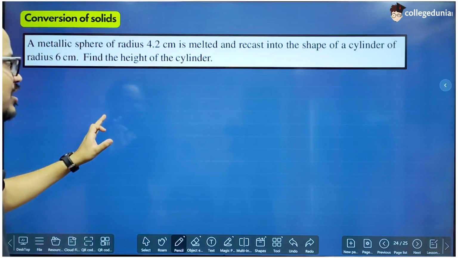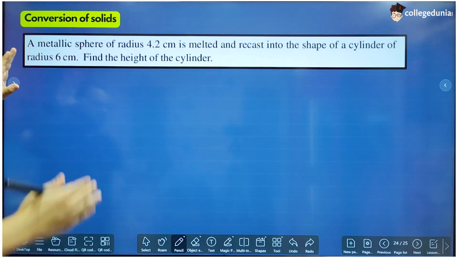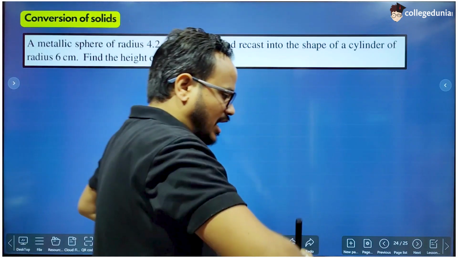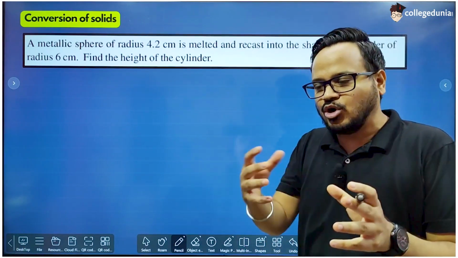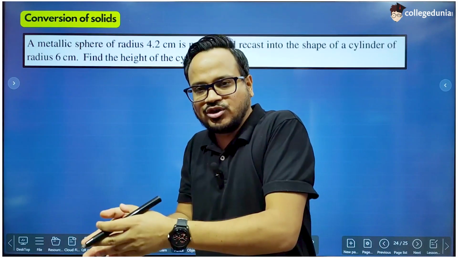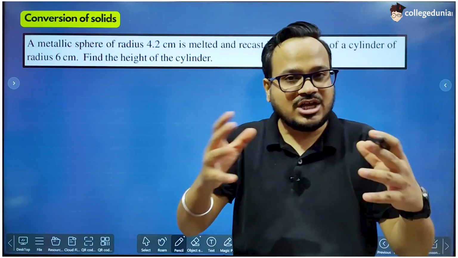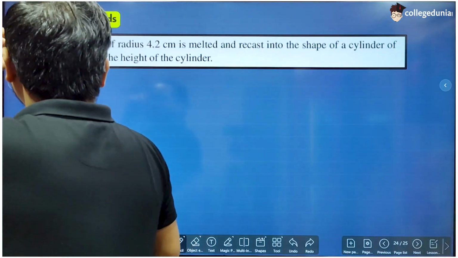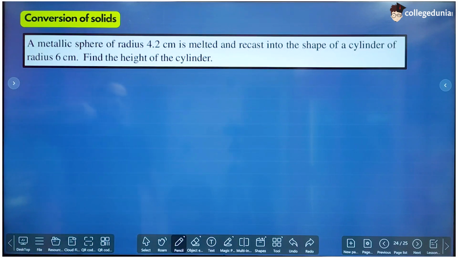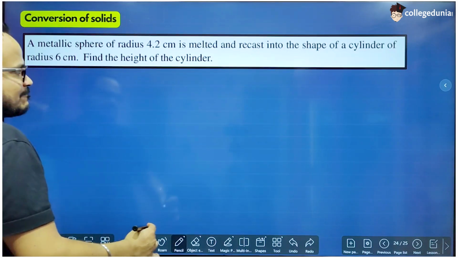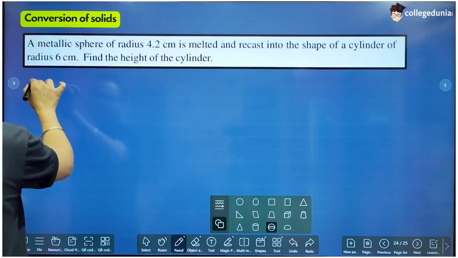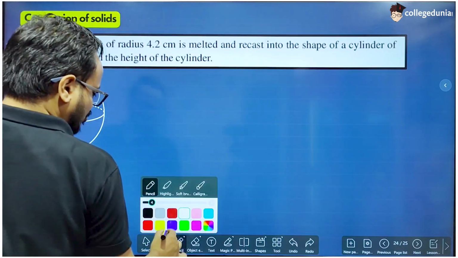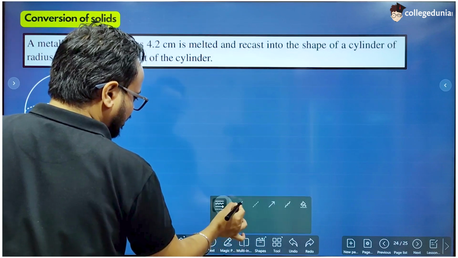So if it is given in questions like this, then this is changed into this, and find the new parameter. We just have to put the volumes of both the shapes before the conversion and after the conversion equal to each other. So a metallic sphere of radius 4.2 centimeter. We had a metallic sphere whose radius was 4.2 centimeter.